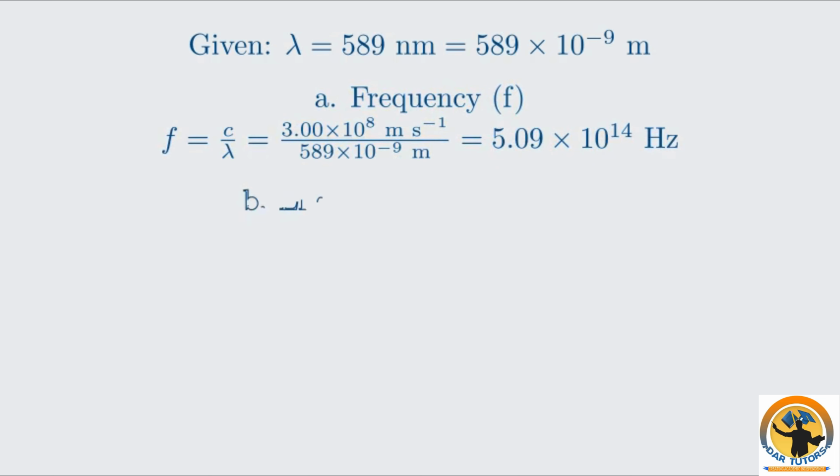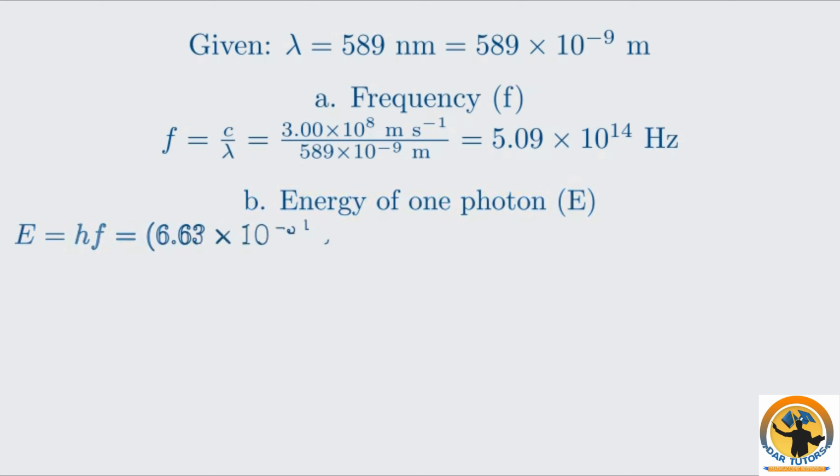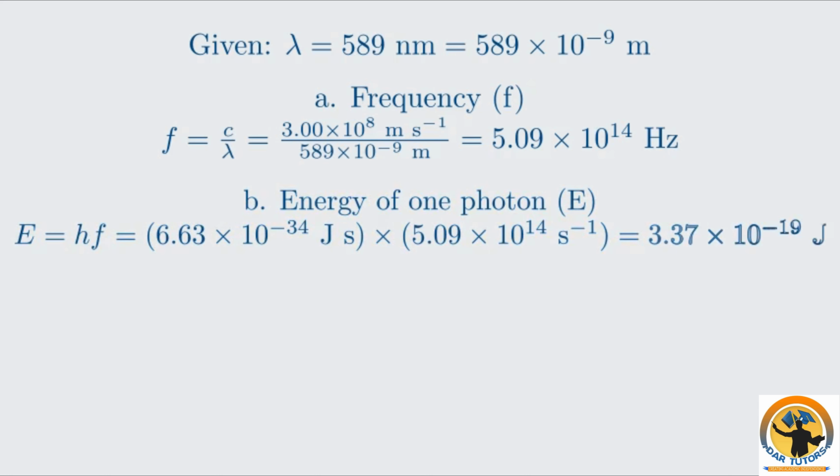Now for the energy of one photon. We use Planck's equation, E equals hf. With our calculated frequency, the energy of a single photon is about 3.37 times 10 to the power of -19 joules. This is an incredibly small amount, as expected for a single quantum.